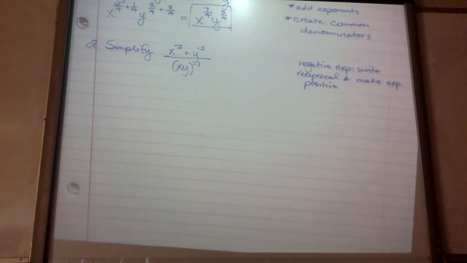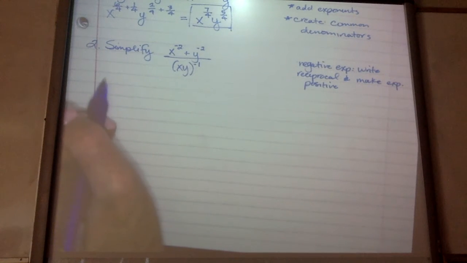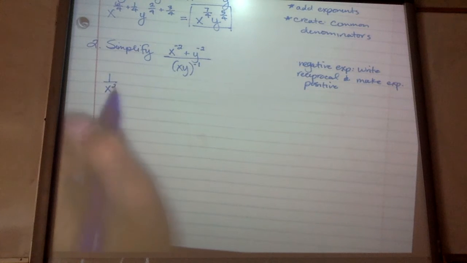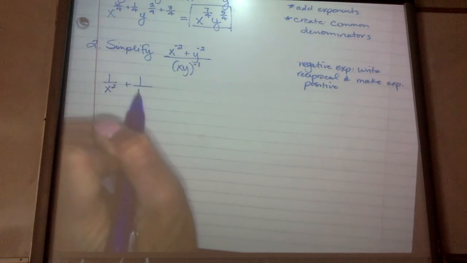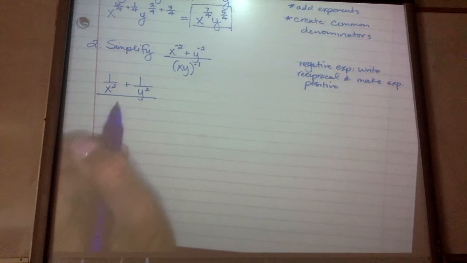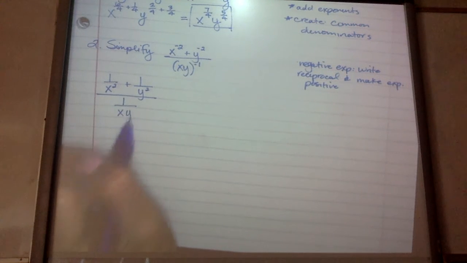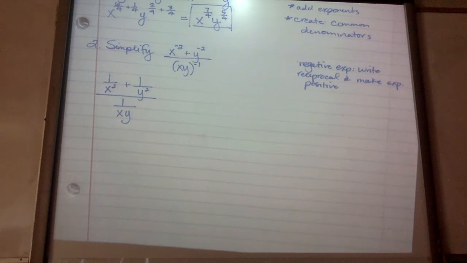I'm going to start to write in shorthand, but for now, I'll give you full. So x to the -2 is really 1 over x squared plus 1 over y squared all over 1 over xy. So notice for each one I wrote the reciprocal because it had a negative power.